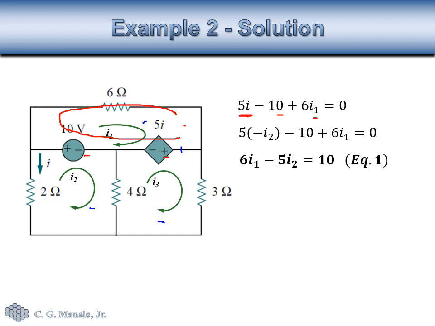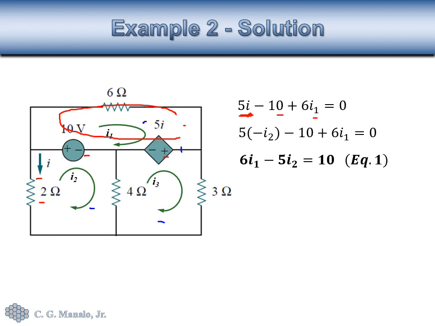Now we need to express I, which is this current, in terms of the loop currents. Remember, I here is the actual current that flows through the 2 ohms, while I sub 1 is a loop current. So we need to express I as a loop current.